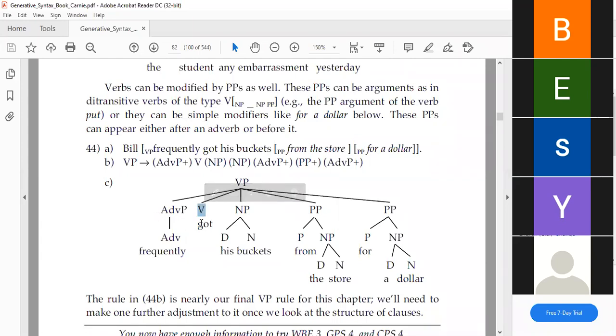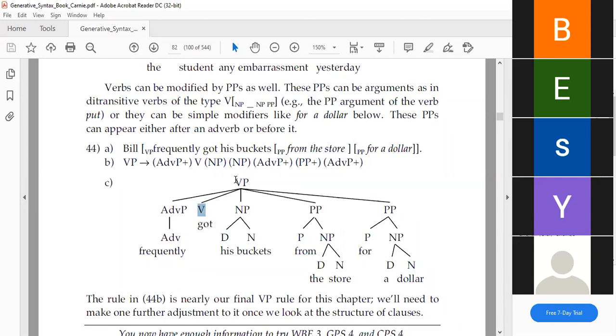So frequently modifies got. The NP, his buckets, modifies got: got what? His buckets. From where? From the store. How much? For $1. So all of them, the ADP and the NP and the PP and the other PP, modify the verb.